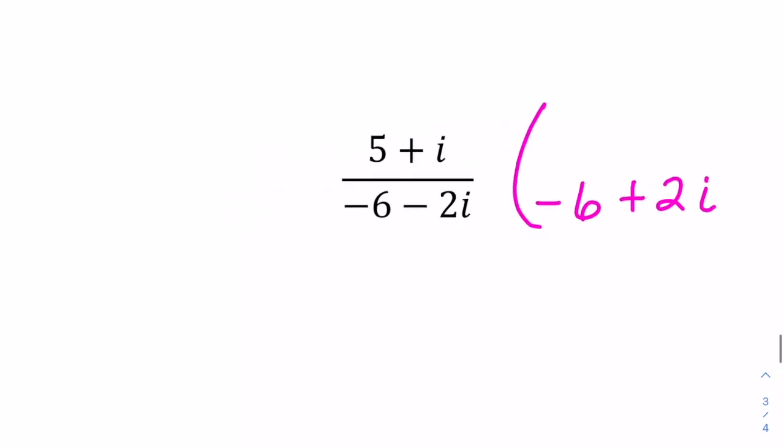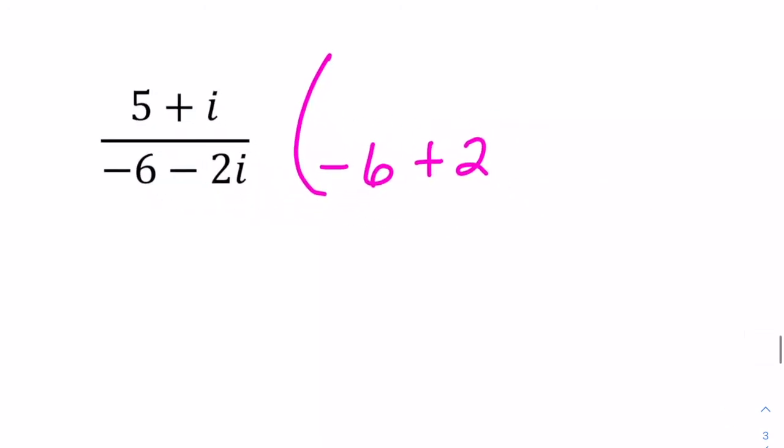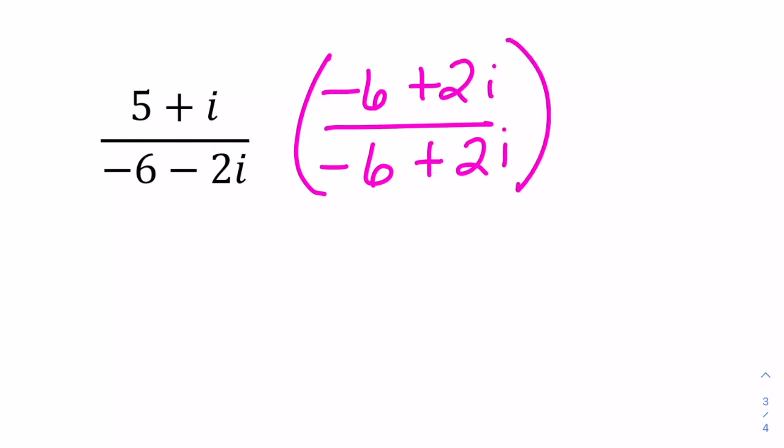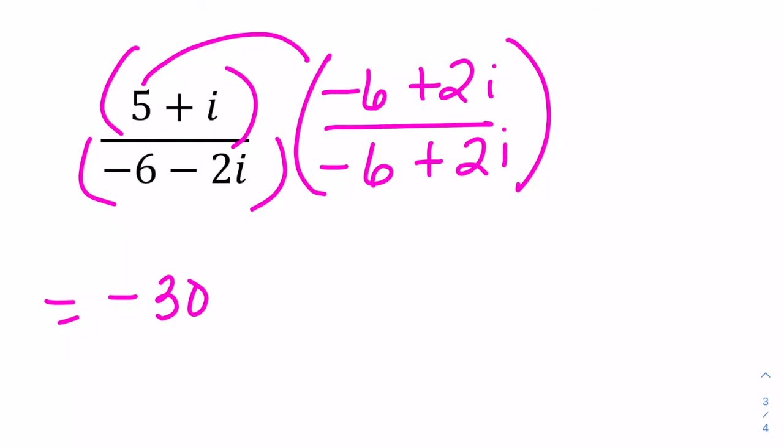So we'll multiply the top and the bottom of this fraction with -6 plus 2i. So in the numerator, we're going to have to FOIL. So we get negative 30 plus 10i minus 6i plus 2i squared.